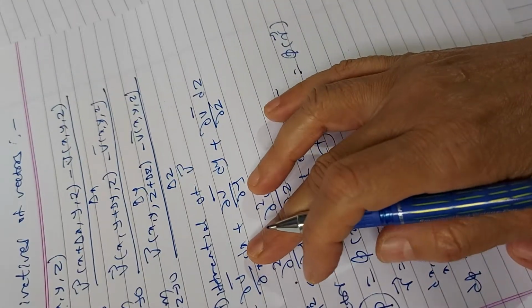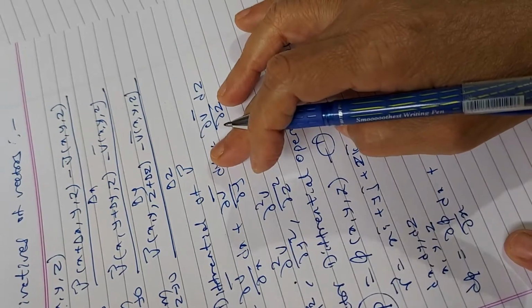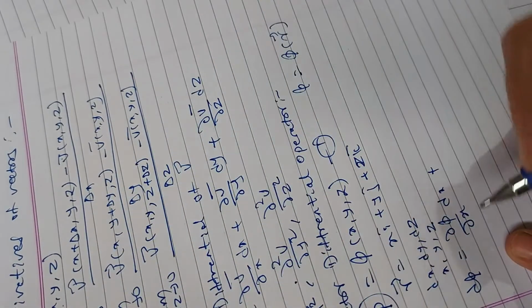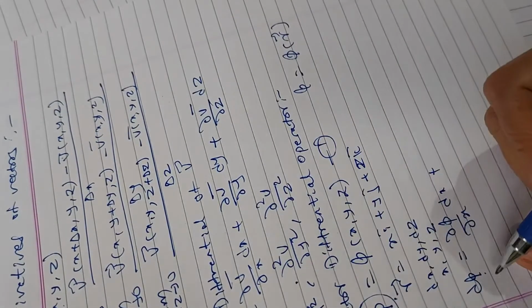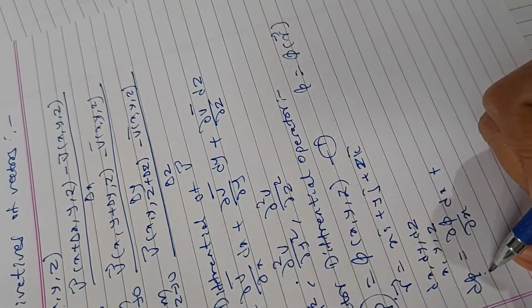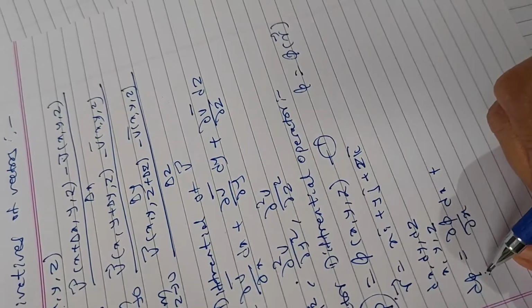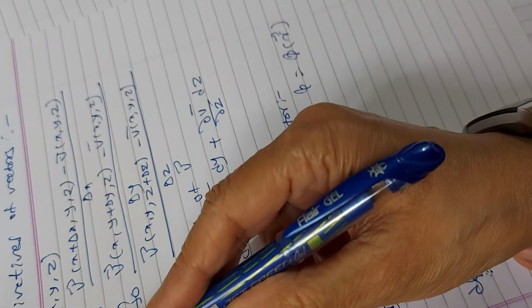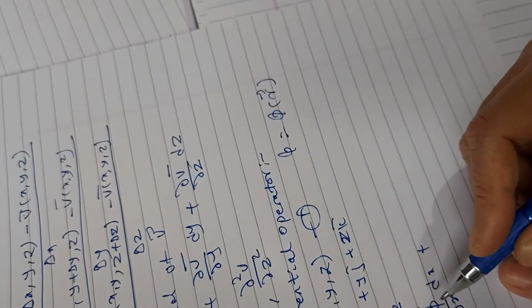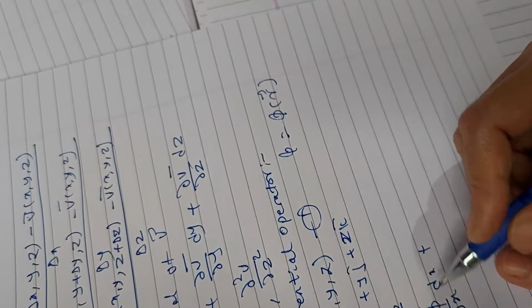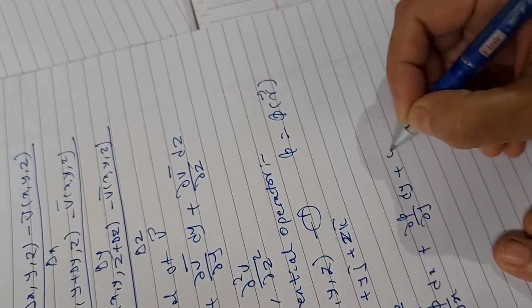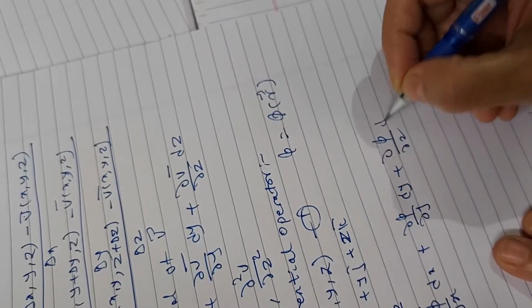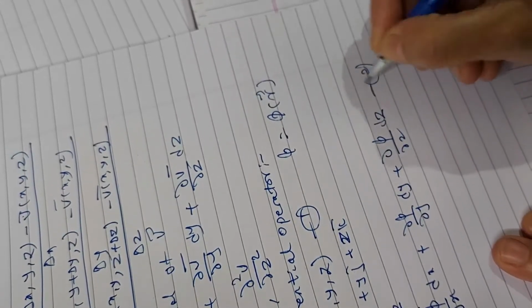Like this I wrote the total differential of v, because that time v was the function. Now I am talking about phi, so d phi. Here phi is scalar, and v was a vector.